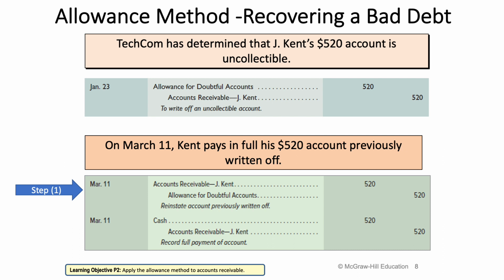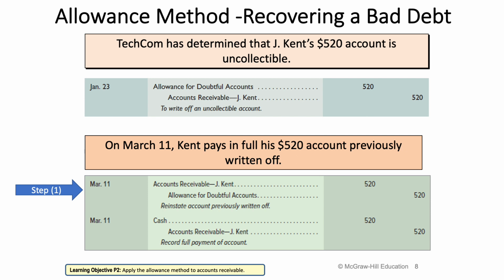The first step on March 11, I'm going to debit accounts receivable and credit allowances for doubtful accounts. So I'm going to reverse the write-off entry. I'm going to put back the accounts receivable and I'm going to put back the allowances for doubtful accounts with the same amount that I wrote off, 520.